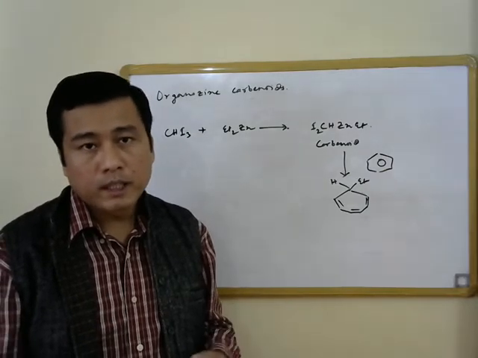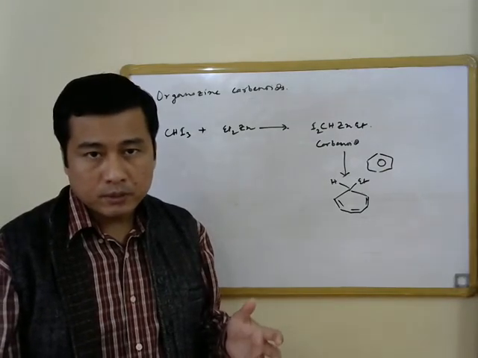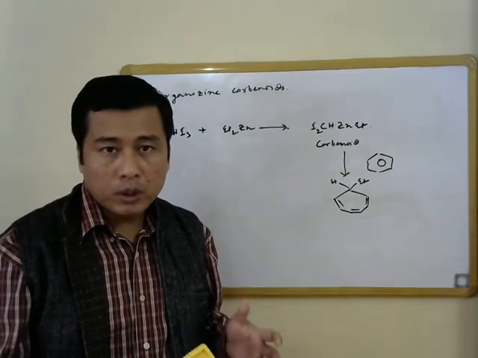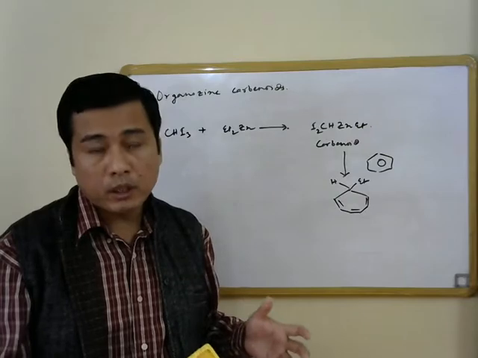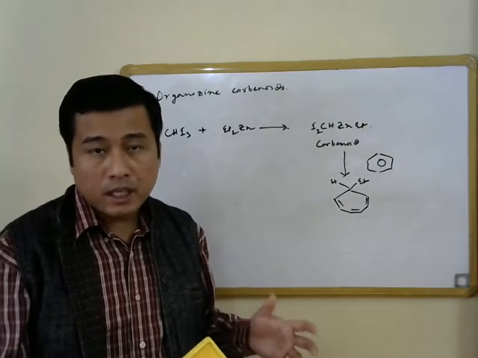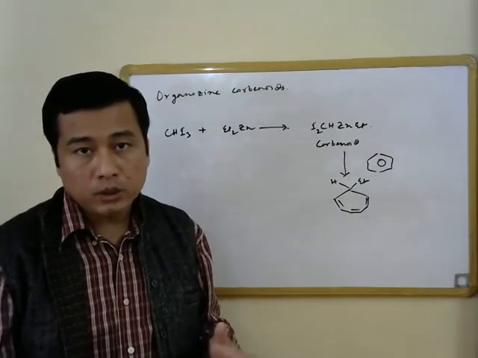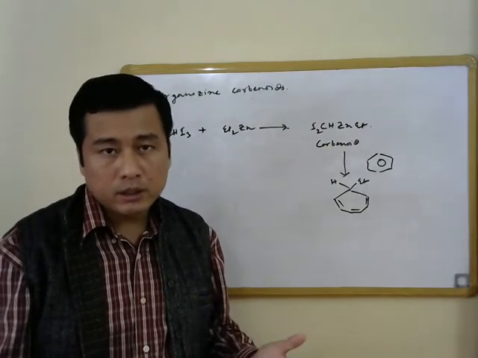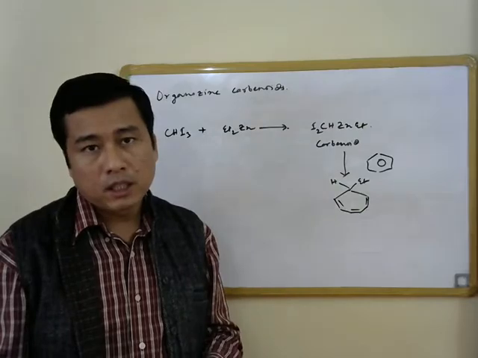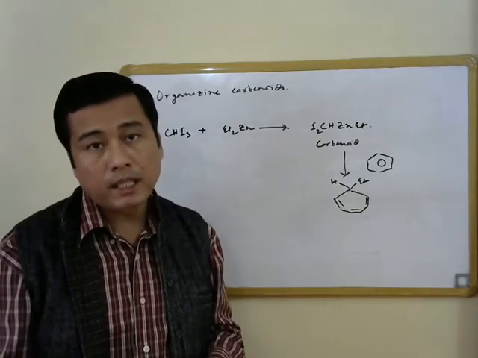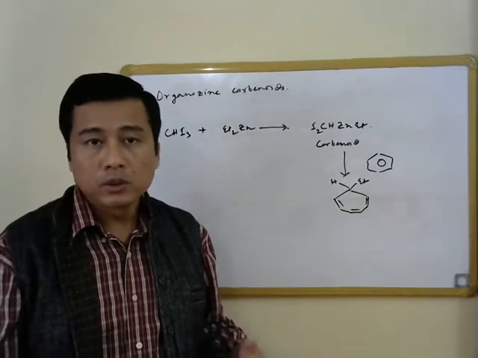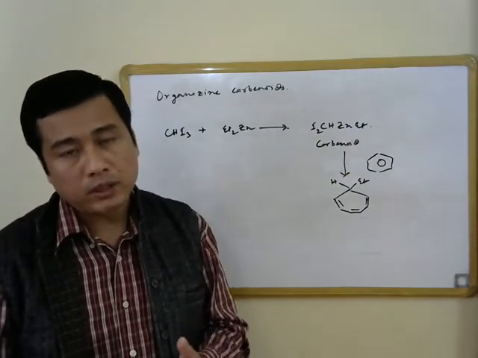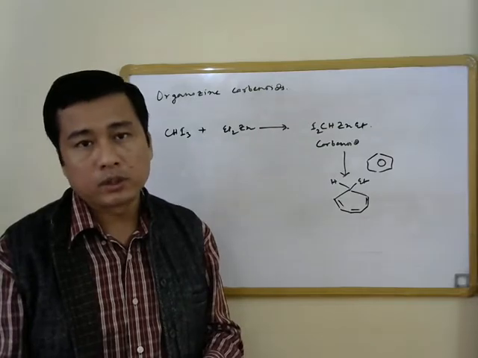Then we have looked at how one can obtain aggregates, when we use sigma donor ligands of the right kind, one can end up with aggregates of these organozinc compounds. So when we use halide as the sigma donor, or sterically less bulky alkoxides as the sigma donor ligands, we can end up with dimeric, trimeric as well as tetrameric aggregates of these organozinc compounds.